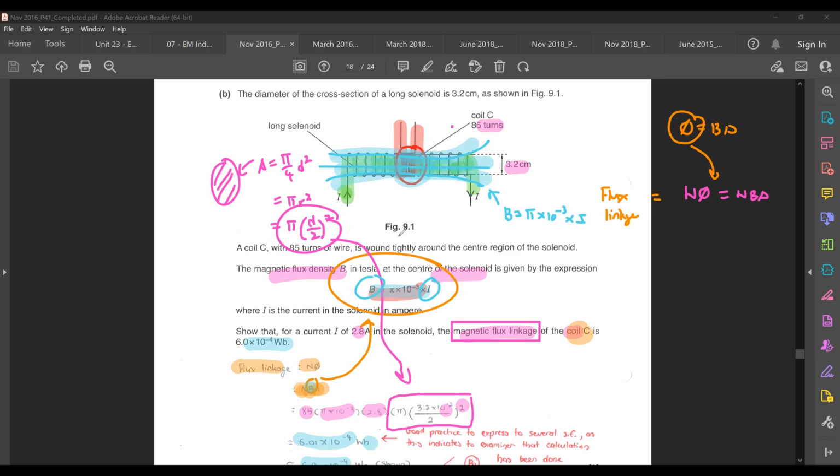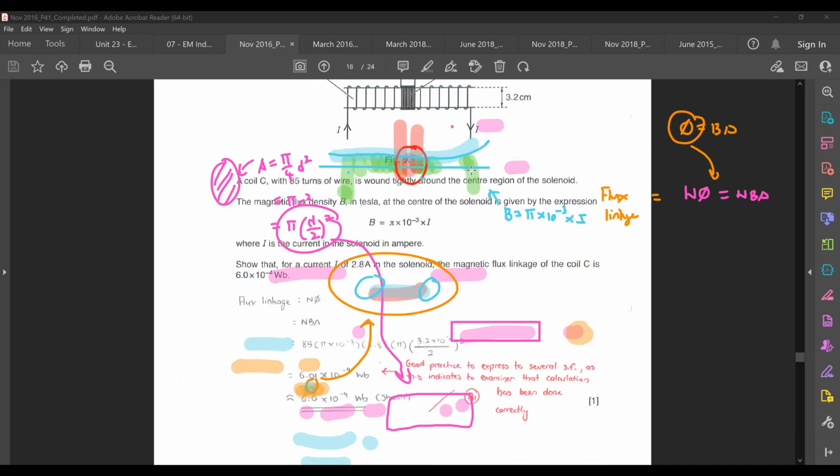Because this gives you the magnetic flux density around your solenoid, but at the same time, it's also the magnetic flux density in your coil C. Okay, then after that you move on to the next part of your question.